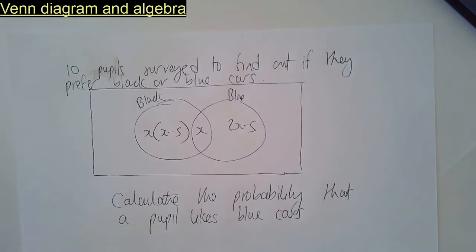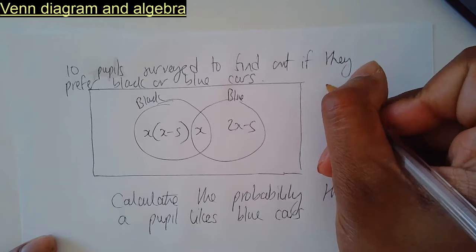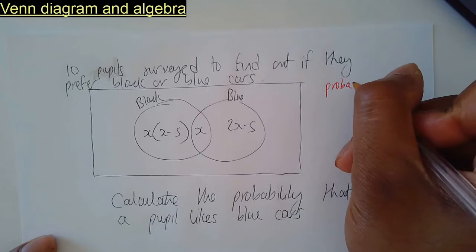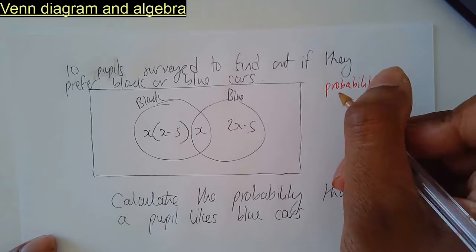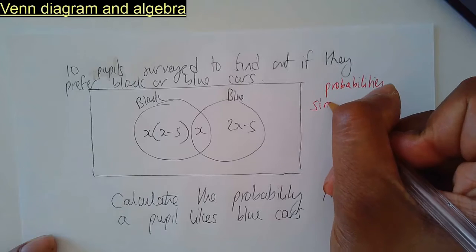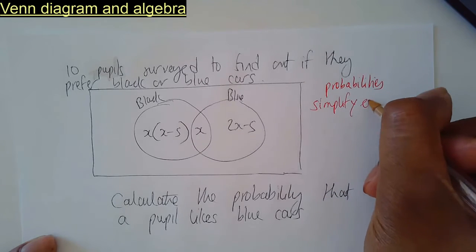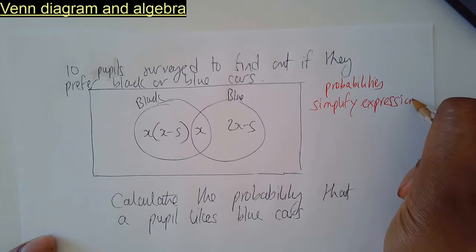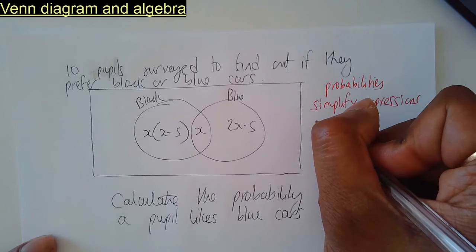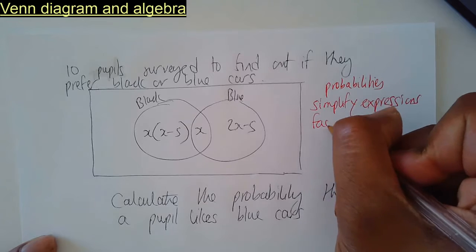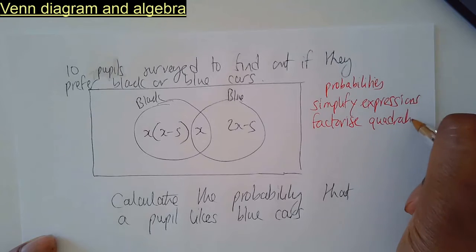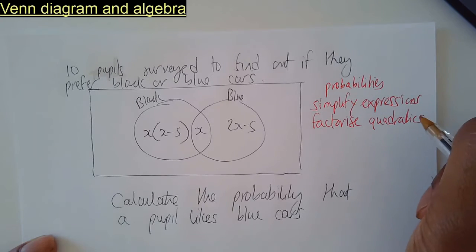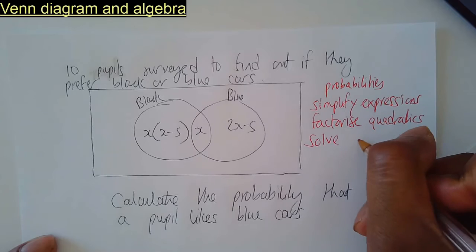Now before you can attempt anything like this, you've got to have prior knowledge. You need to have basic knowledge of probability. You need to know how to simplify expressions, recognize and factorize quadratics, quadratic expressions, solve quadratic equations.